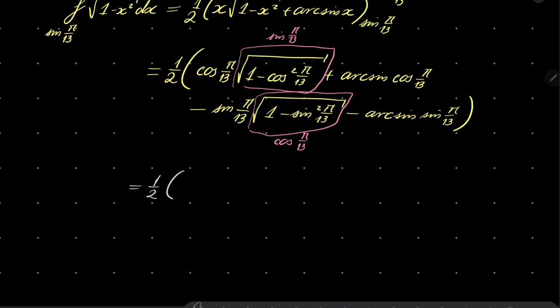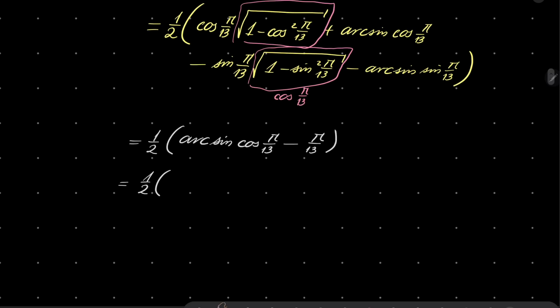And we are left with 1/2 arc sine of cosine of pi over 13. And for the second part, arc sine of sine is just the argument. Right. So it's 1/2.